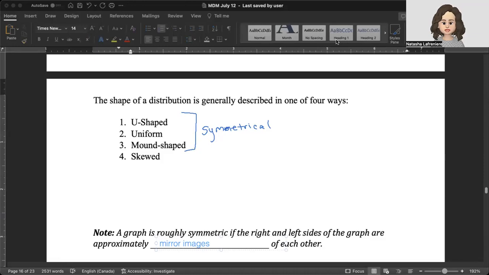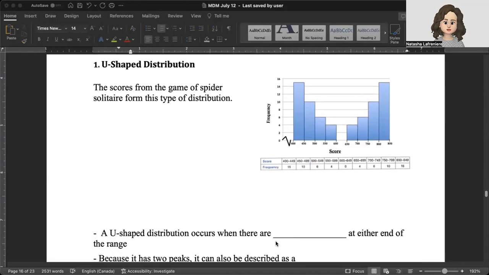So I'm going to clear this. We're going to take a look more specifically at these. Okay, so we've got the U-shaped distribution. The scores from the game of Spider Solitaire form this type of distribution. As you can see, it's a U shape. It's pretty symmetrical in the sense that this one and this one are the same, this one and this one, and so on.